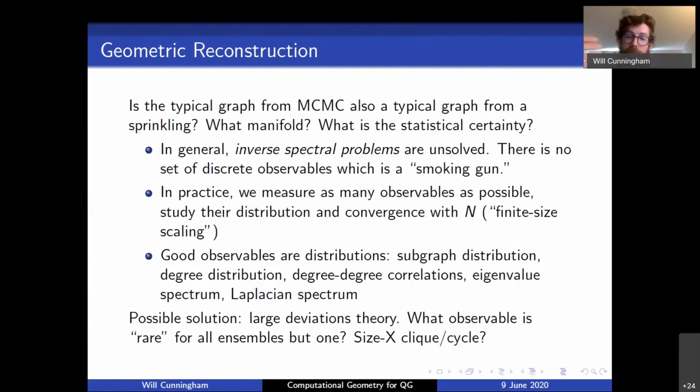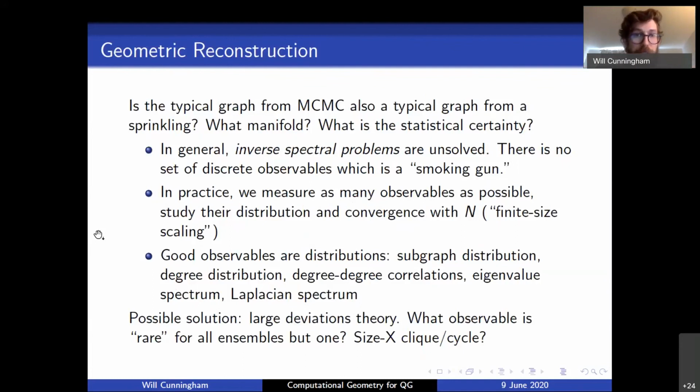Again, you have to pick a particular region, so that may also influence what you're doing. But you can filter that out by saying, for instance, in the Lorentzian setting, I'm going to do some sprinkling and then get rid of everything outside of the largest diamond. Or in the Riemannian case, you can similarly construct a ball, and that gives you some way to normalize for the choice of region.